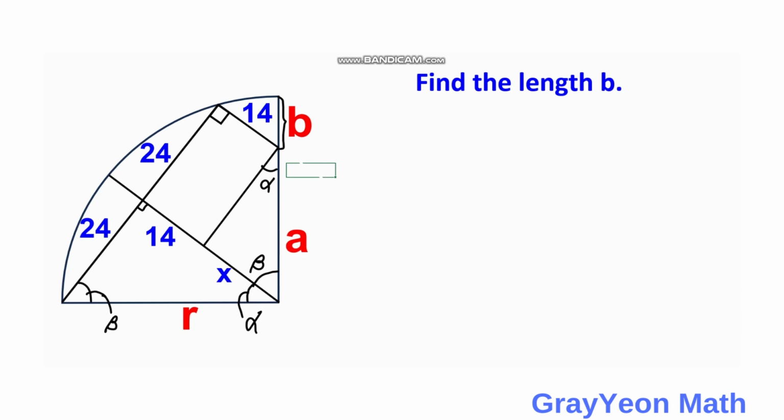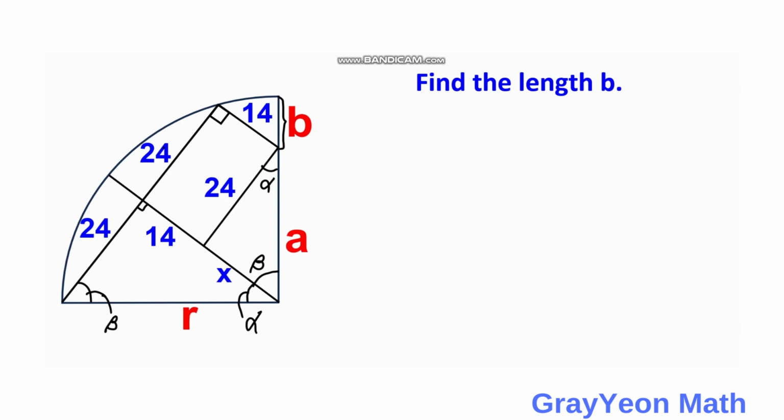And as you can see, we can use similarity of triangles for these triangles. So first triangle, we use this smaller one. Then next is this larger one. They are actually similar right triangles because of their congruent angles.